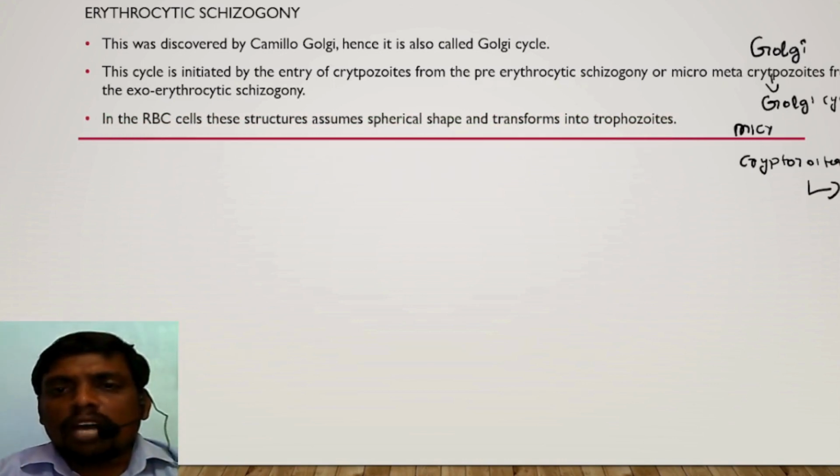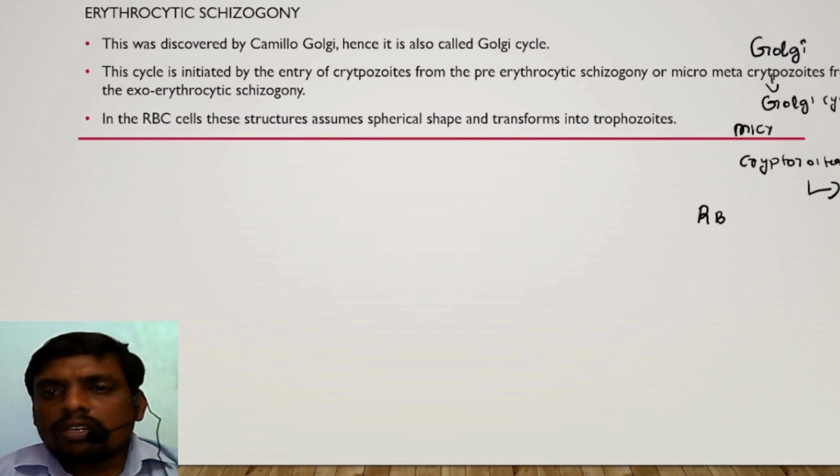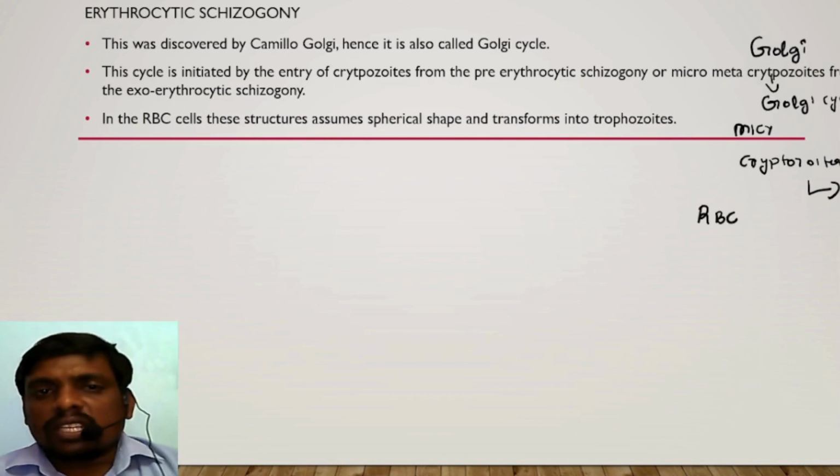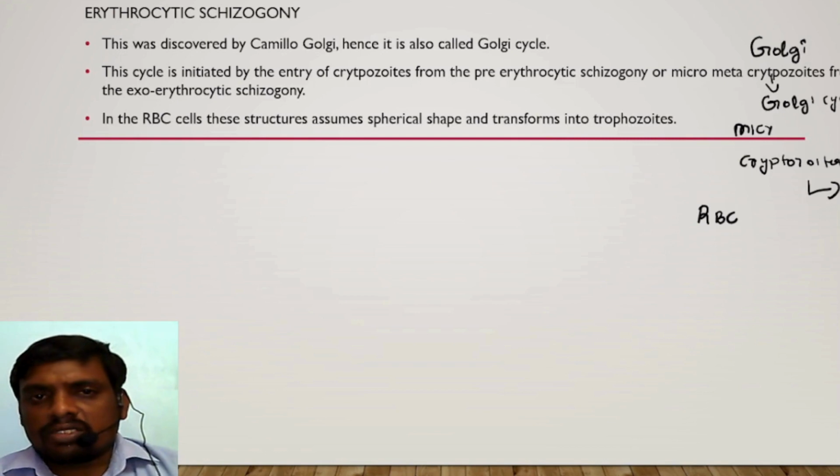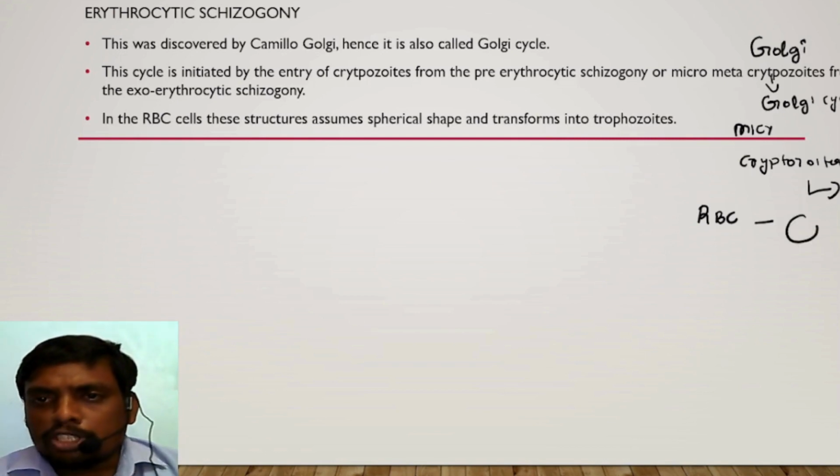In the fresh RBC, the structure assumes a spherical shape and transforms into a trophozoite.